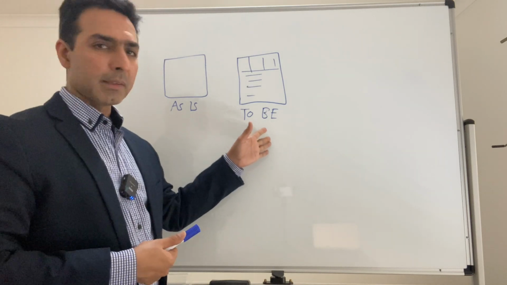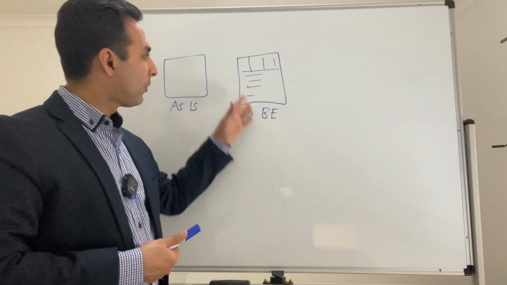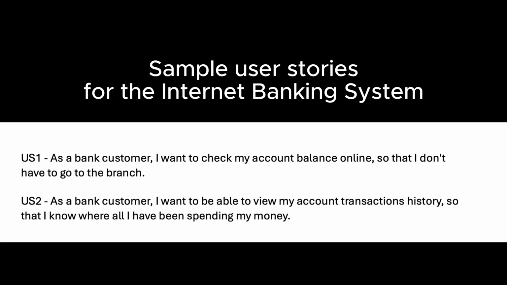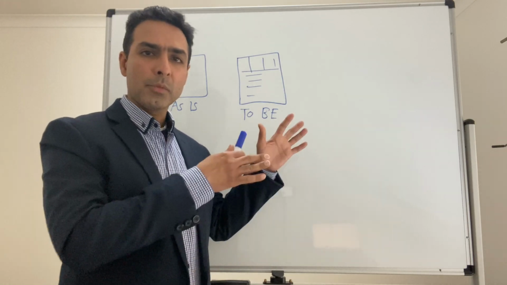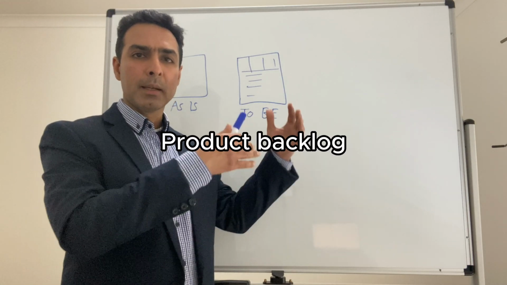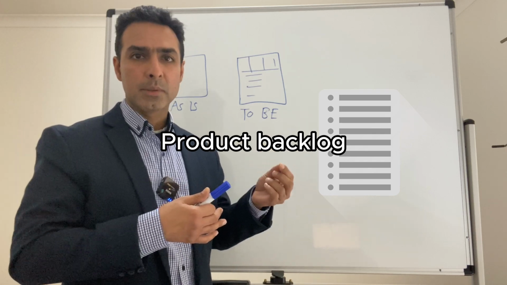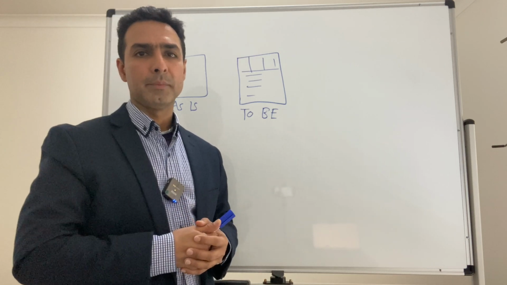So here are some examples of user stories written in an agile environment for the same internet banking system. In an agile environment, a list of all these user stories is maintained as a product backlog. And these backlog items or user stories are prioritized typically like functional requirements are.